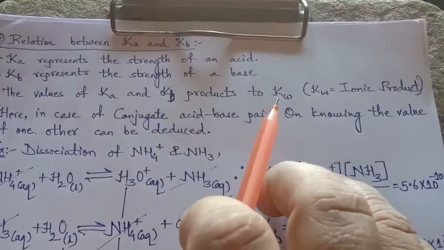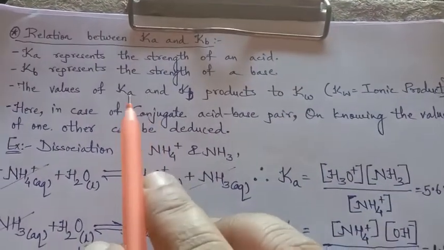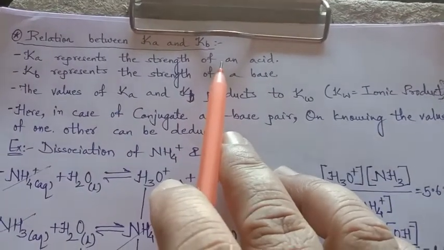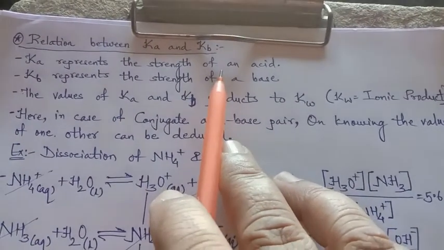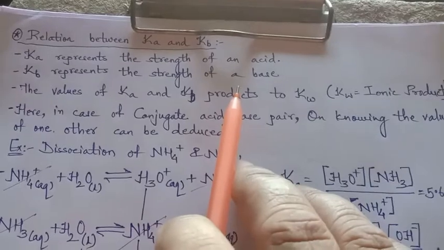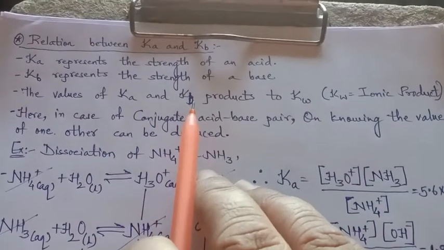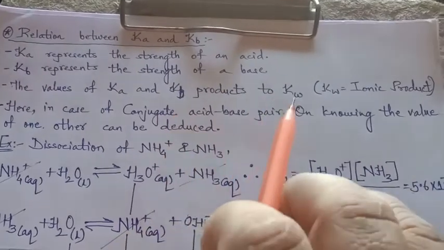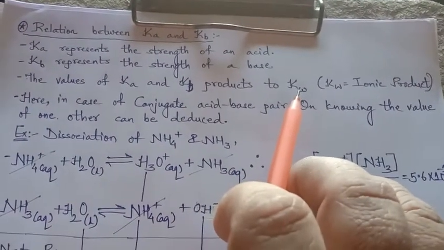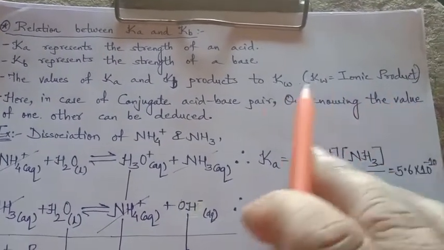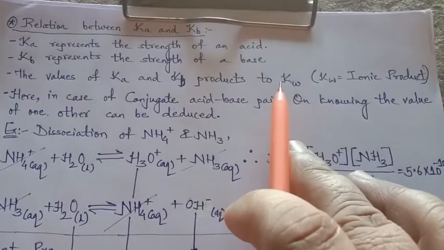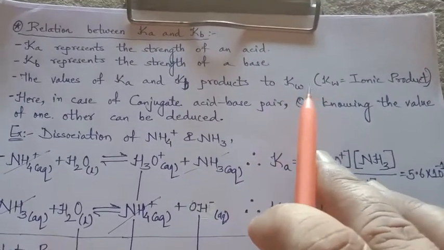The product comes to Kw. That means when we are getting the value of Ka, strength of acid, and the value of Kb, that is strength of base, and if the product of Ka and Kb is taken, then its product comes to Kw, and Kw stands for the ionic product of water, the equilibrium constant ionic product of water.